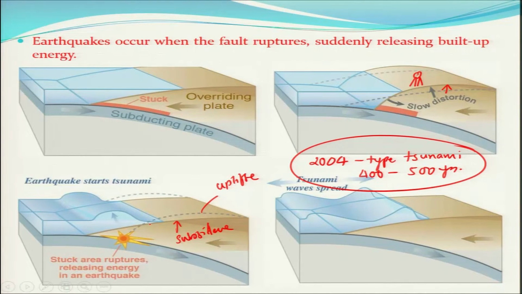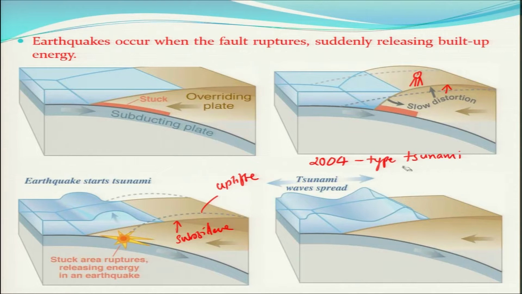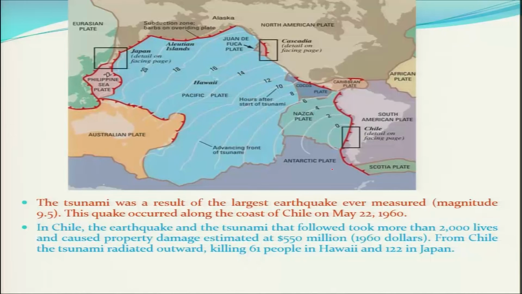The land level change is very prominent at the time of major earthquakes, or what we call mega earthquakes, along the subduction zone. And finally, what we see is the inundation by the tsunami waves, which spreads over the region.